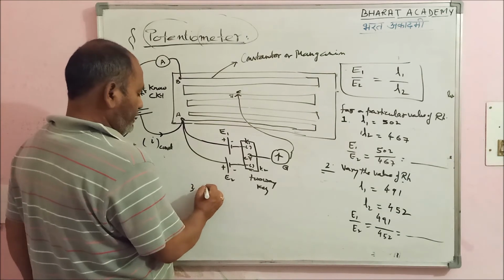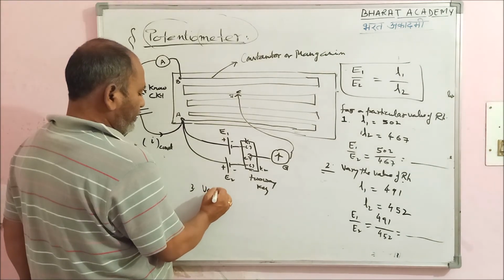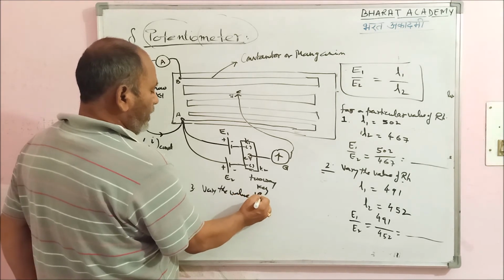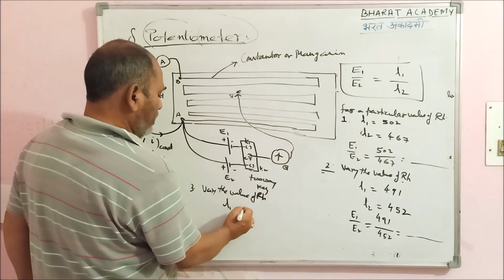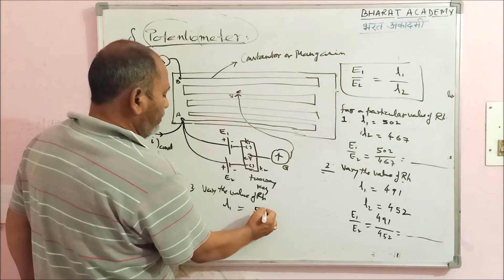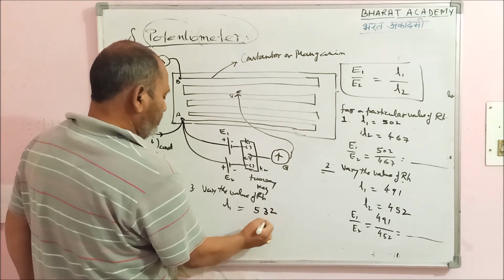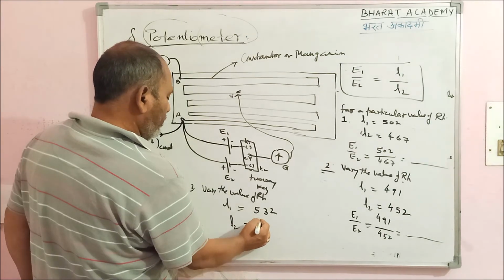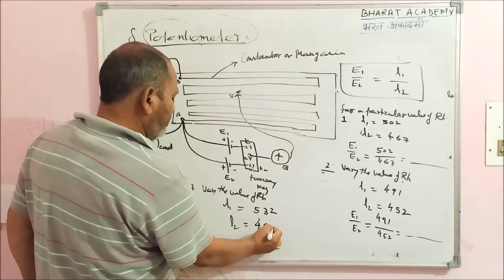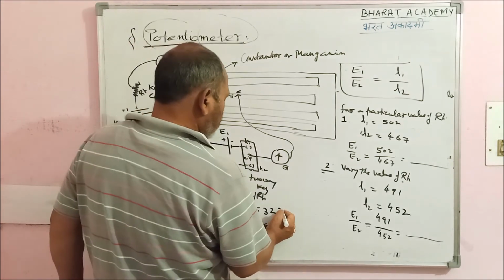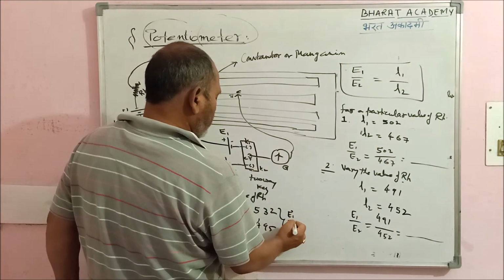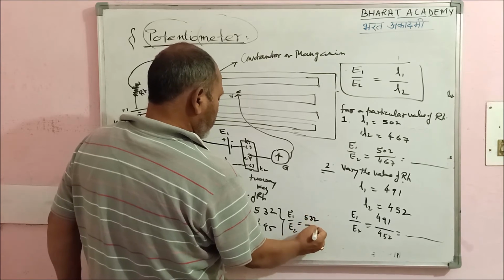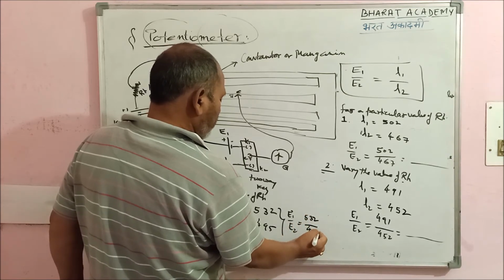Third, vary the value of Rh. Let L1 become 532 and L2 495. In this case, again calculate E1 by E2 as 532 by 495.